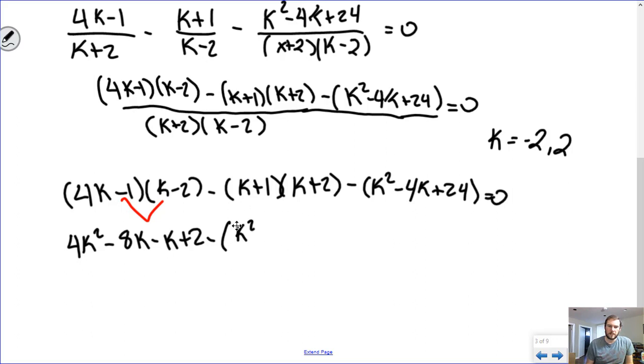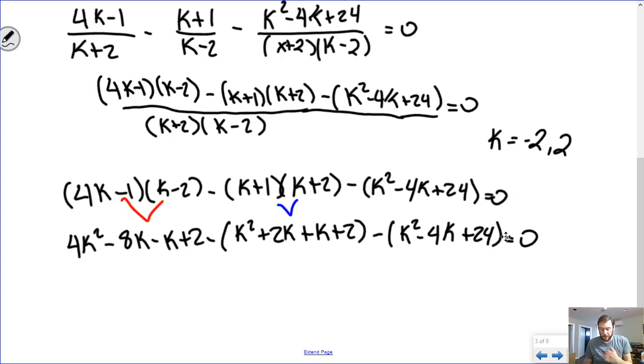So k squared plus 2k plus k plus 2. You'll notice I put that answer in brackets. Again, because of this negative symbol here, it has to apply to everything we get. And then minus k squared minus 4k plus 24 is equal to 0.